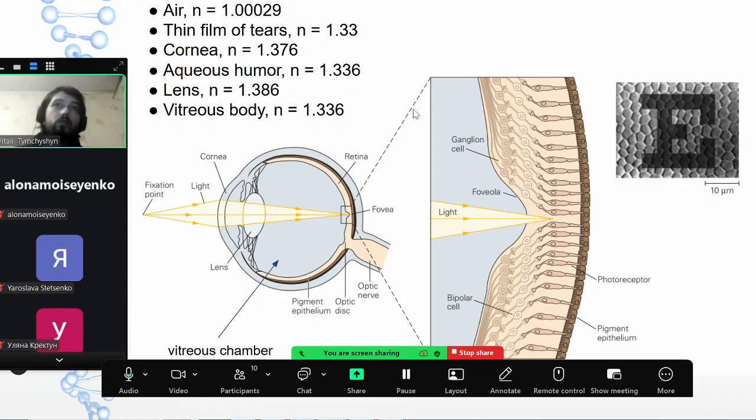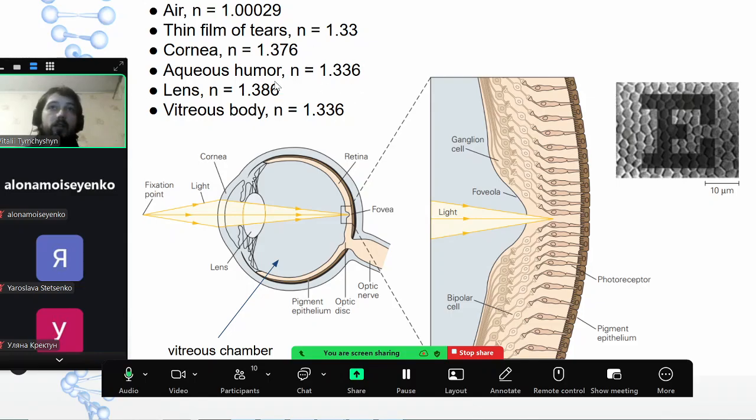Interesting part to notice, if you look at the coefficients, these n, you will see that they are almost equal for the cornea, for the vitreous body, and so on.